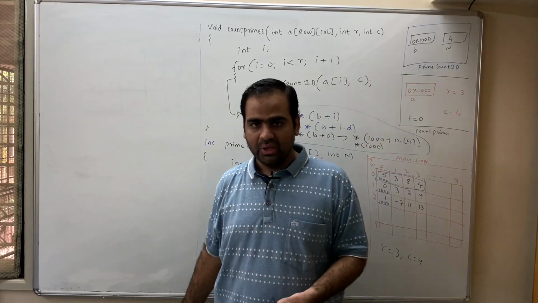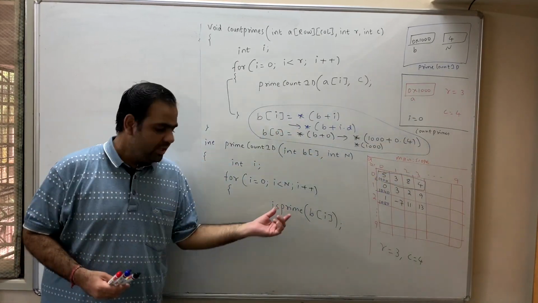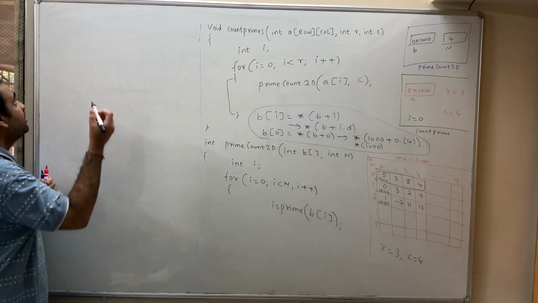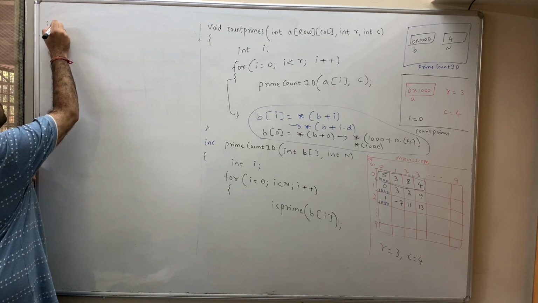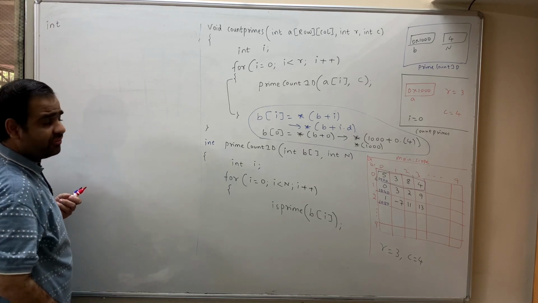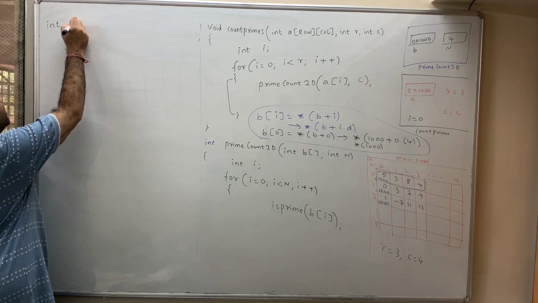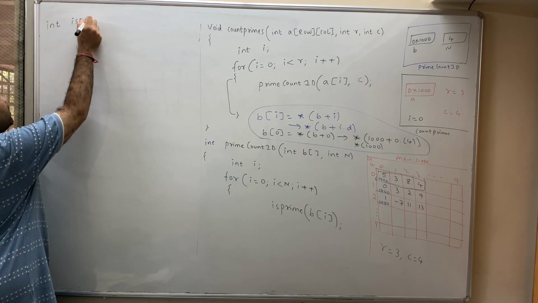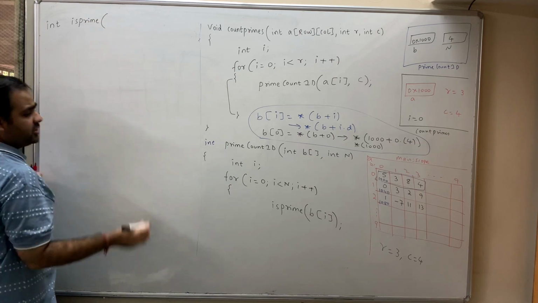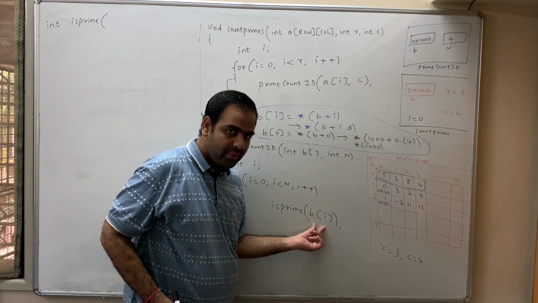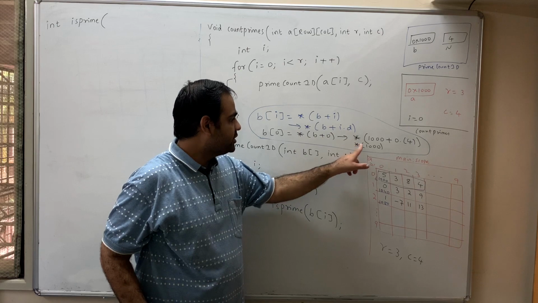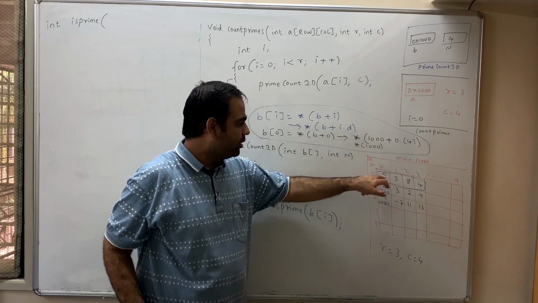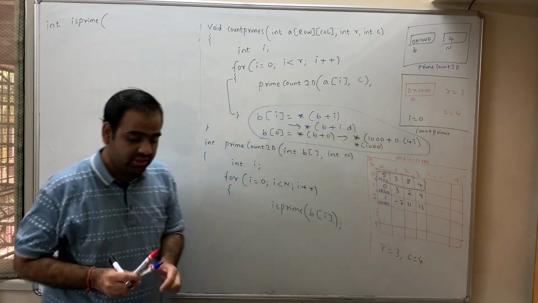Let us see how we write the is prime function. Already we have written it. It returns 0 if the number is not prime, 1 if the number is prime. Therefore the return type is int. The function name is is prime. What is the first parameter? b of i. And what is b of i? It is star 1000, which is 5, and 5 is an integer.